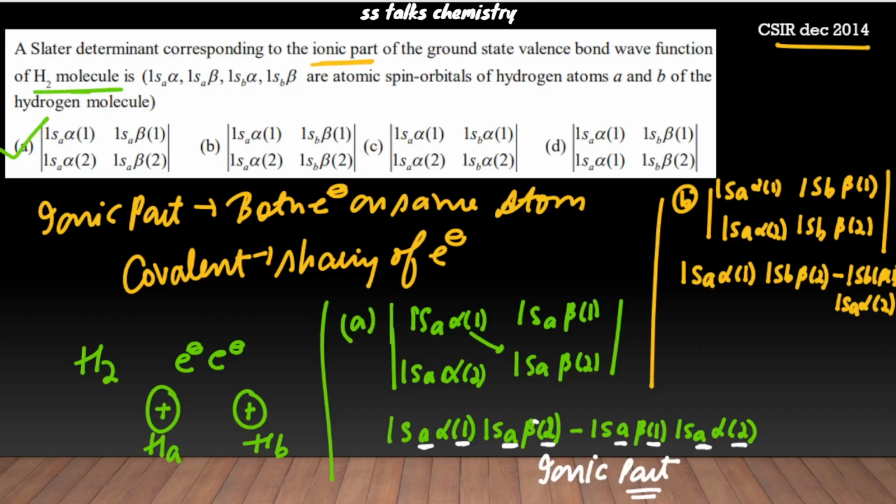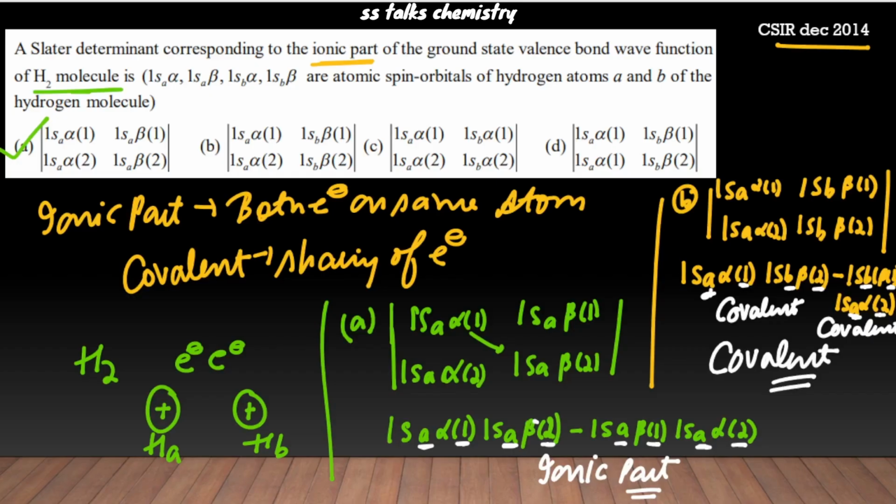So here now if you see, it is saying the first electron is on the atom A, the second electron is on the atom B, which means it is the covalent part, right? Similarly the first electron on the atom B, the second electron is on the atom A. Again, it is representing the covalent part. So it is representing the complete covalent part in this, right?